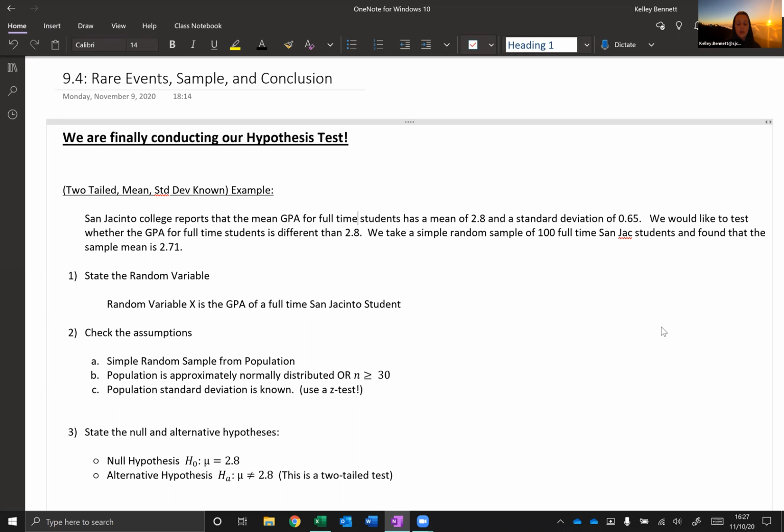So we're not told that the population is approximately normally distributed, but we are taking a simple random sample of 100 full-time San Jacinto College students. So I've met my assumption for 2B. And then lastly, we need to check whether or not we know the standard deviation for the population. Again, we do, it's in the problem, we just discussed that. So that's going to tell us that we're going to use a z-test.